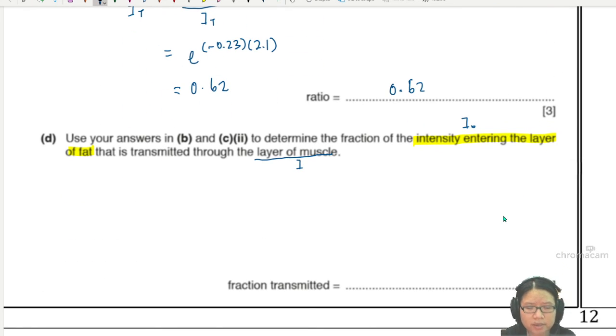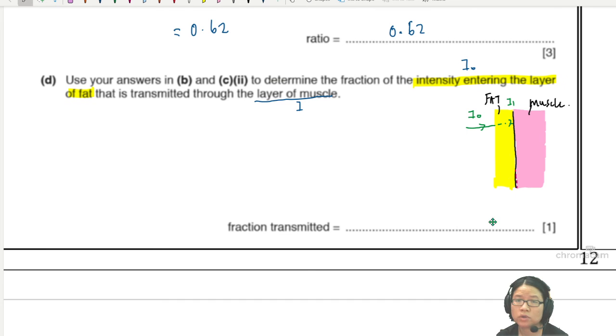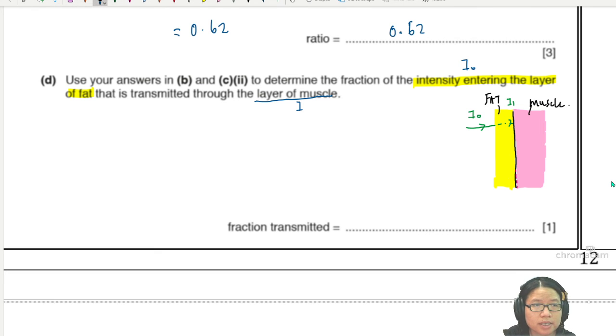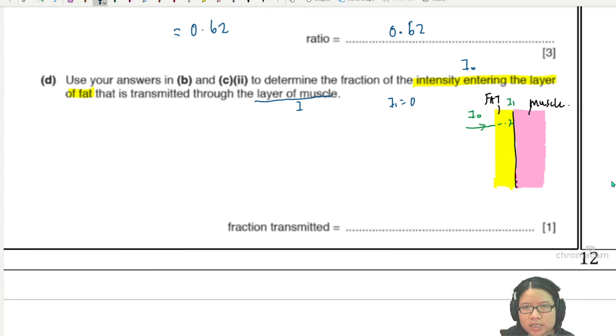Let us try to think about what fractions to use. This is the same drawing again, pasted here. Entering the muscle layer is I naught, and we know that reaching this boundary after transmission, I1 is 0.9 I naught. 90% of the ultrasound will be left at the boundary.